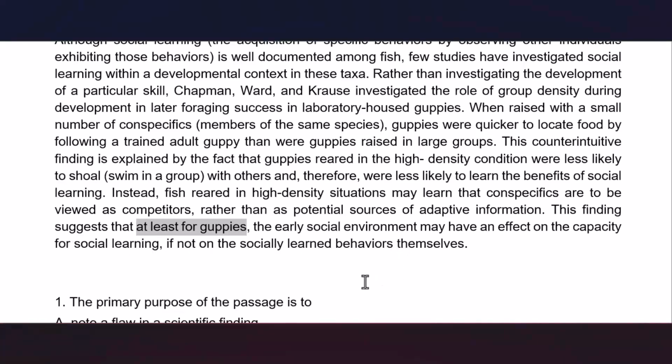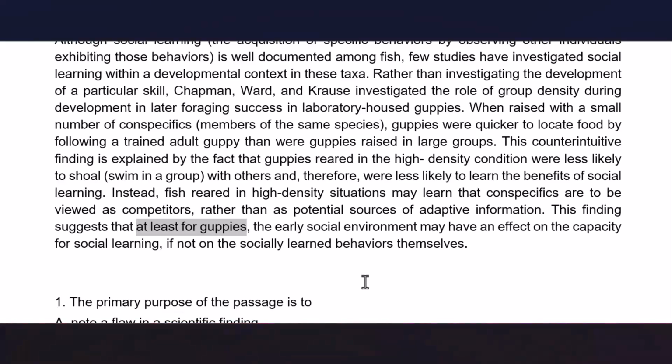So it suggests that the effect of social environment on social learning and social behavior can be found for other types of fish other than guppies. So we see that this is the only point that the passage talks about guppies and other kinds of fish, and we don't see any difference between guppies and other fish.